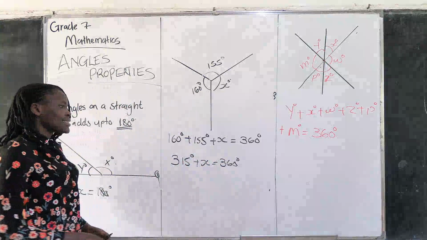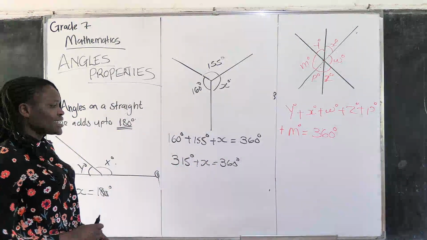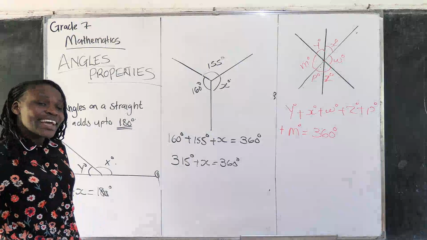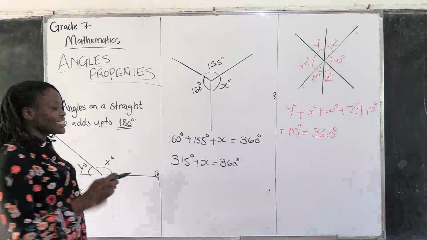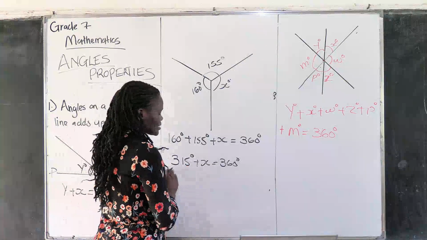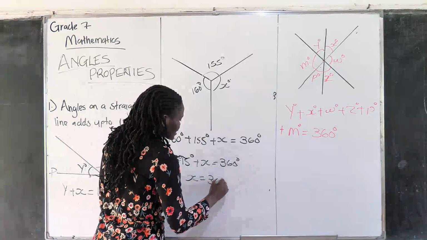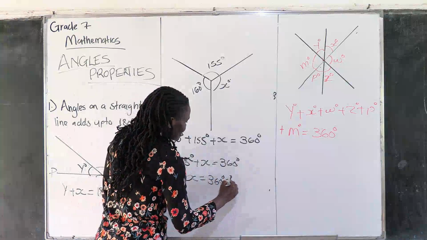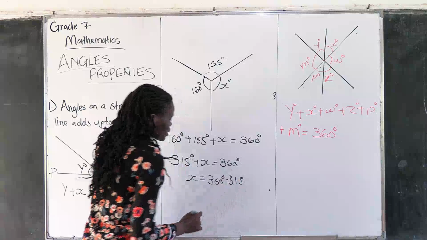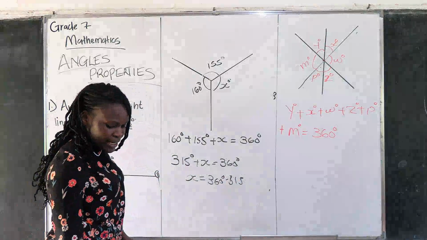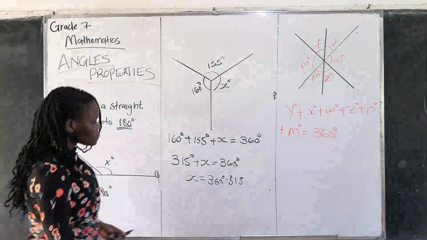So for us to remain with x, we are going to take this value to the other side. So we have x is equal to 360 degrees minus 315.